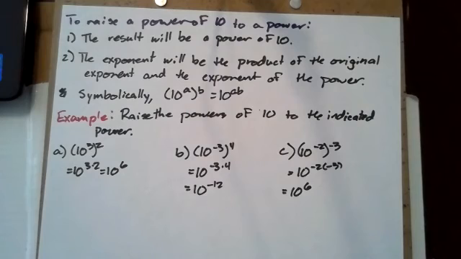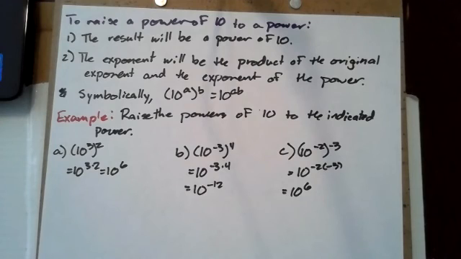To raise a power of 10 to a power, again, the result will be a power of 10. The exponent will be the product of the original exponent and the exponent of the power. So symbolically, 10 to the a, raised to the b power, is 10 to the a times b. For example, raise the powers of 10 to the indicated power.